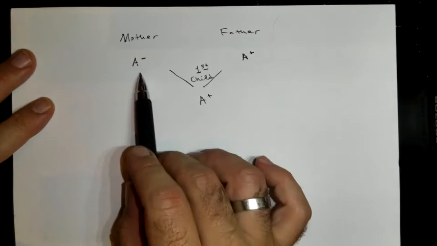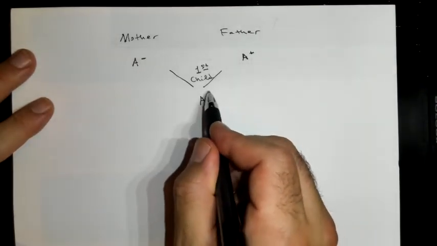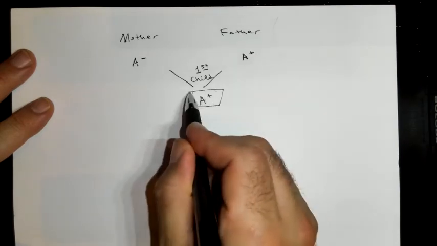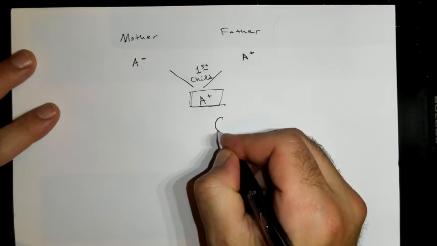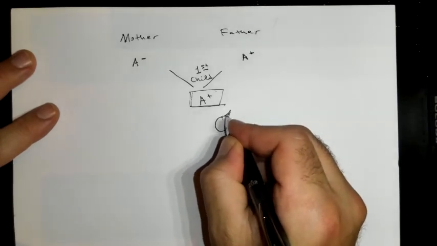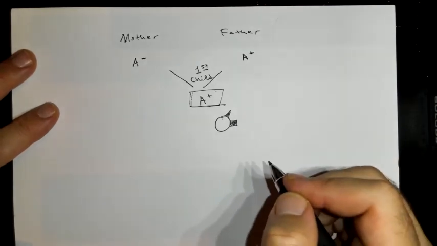And so what we do is we realize that this child here, its RBC is going to look like this with the triangle and also with the square, right?